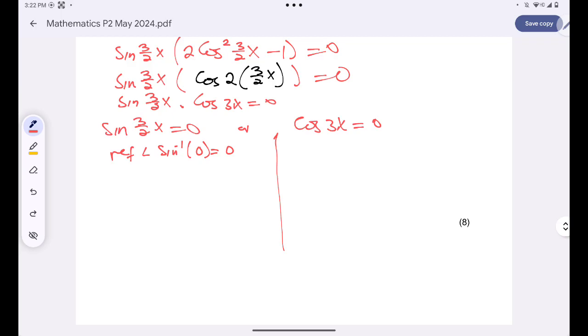I know sine is positive in the first quadrant, so I'll simply have 3 over 2x is equal to 0 plus k 360, where k is an integer. Then if I divide everything by 3 over 2, I'll have x, I'll have 0 there. When I say 360 divided by 3 over 2, I'll get 240 plus k 240, where k is an element of integers.